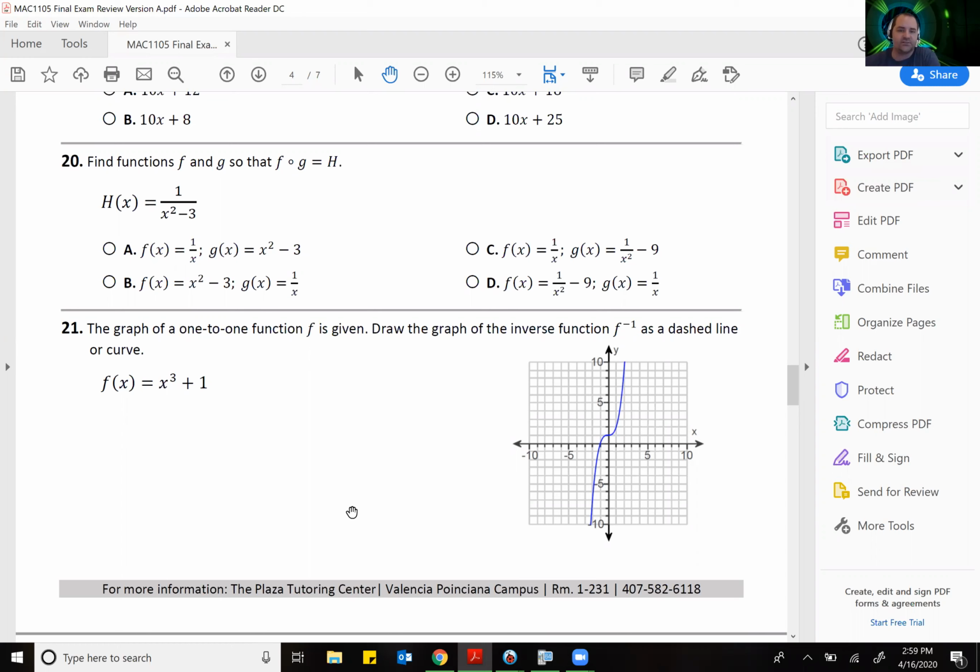It wants us to draw the graph of the inverse as a dashed line or a curve. So let's talk about how we find the inverse of this, and we can use our calculator to help us figure out which one of these pictures it should be.